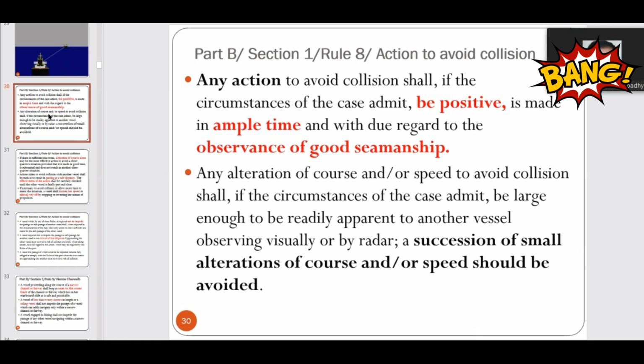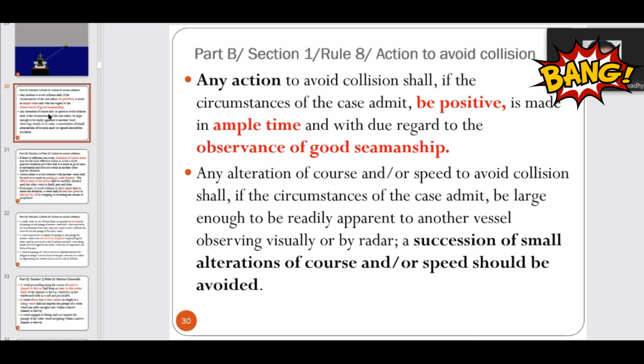So if there is a risk of collision, which is a dangerous situation, and if you have observed it and taken the right action in the right time, that is the observance of good seamanship.